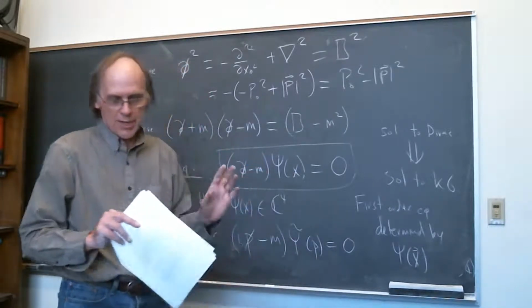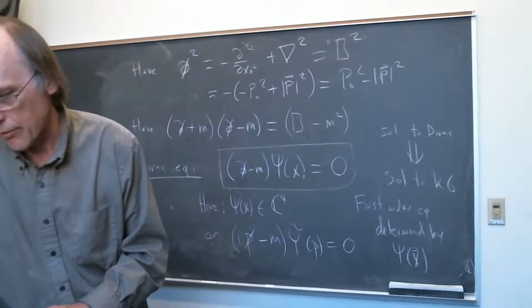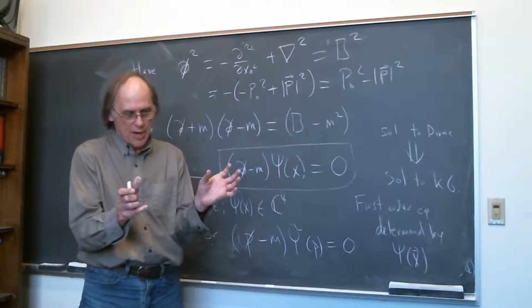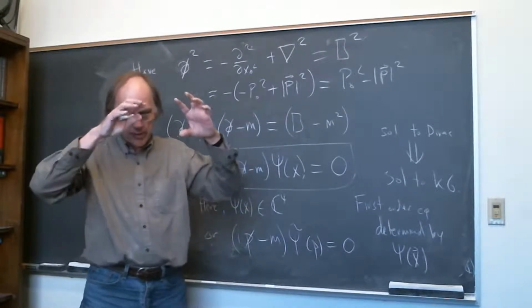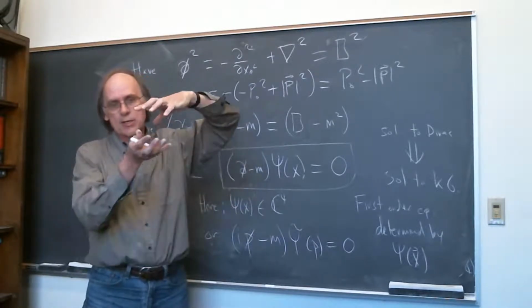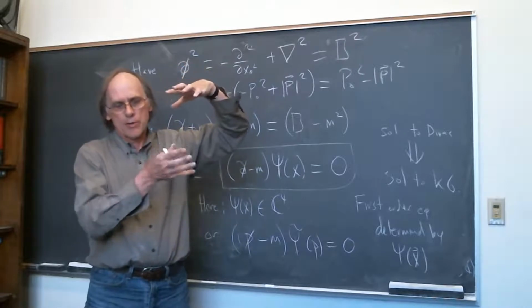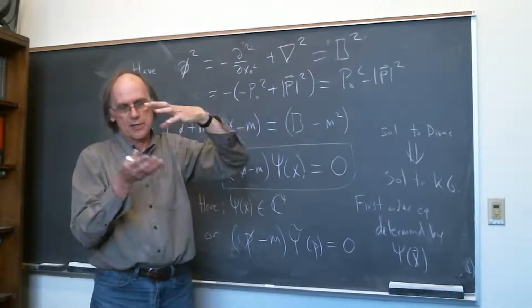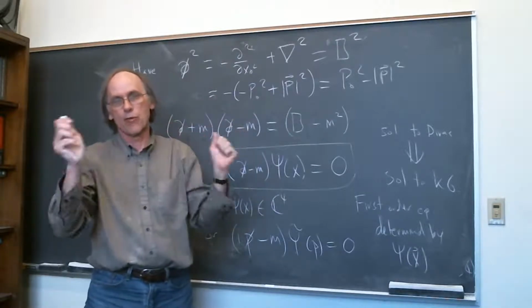This is the beginning of a long and fascinating story. Remember, at some point I told you about looking for solutions to Laplacian equal to 0, not just on functions, but on differential forms.